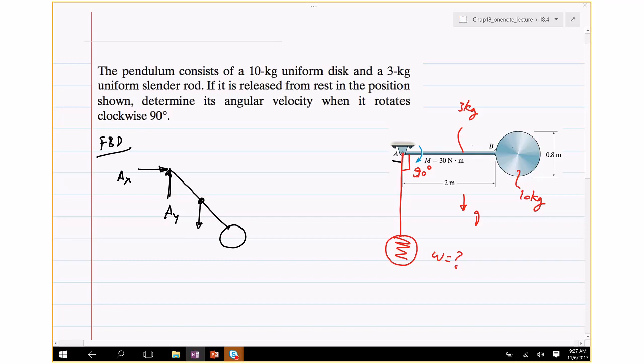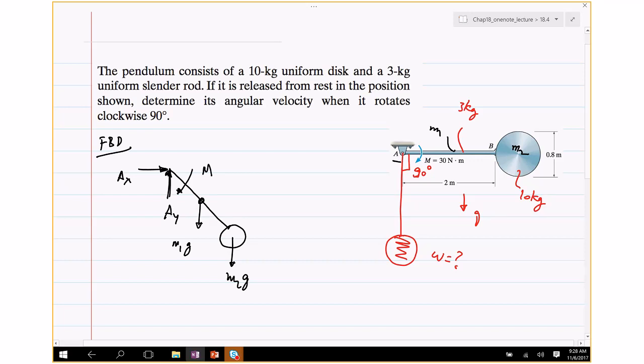Let me call this M2, this one M1. So there's M1g and there's M2g. Is there anything else? There's a moment. So moment also.